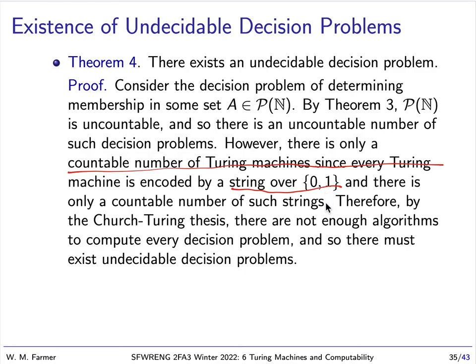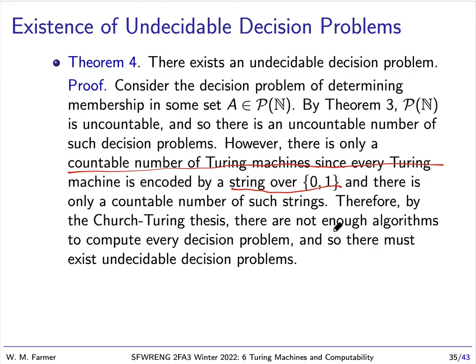And therefore, by the Church-Turing thesis, there are not going to be enough algorithms to compute every decision problem. The Church-Turing thesis says that we can represent all algorithms using Turing machines or any other Turing-complete model of computation.